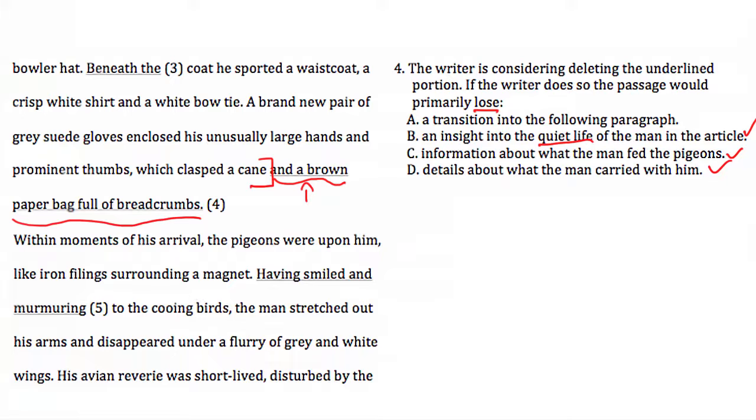So if you hadn't read the entire passage, you wouldn't have known he was getting ready to feed a bunch of pigeons. So really, since we're moving from how he's dressed into what he's about to do, I would say that this ending of this sentence is probably a transition into the following paragraph. So for question 4, our best answer is most likely A.